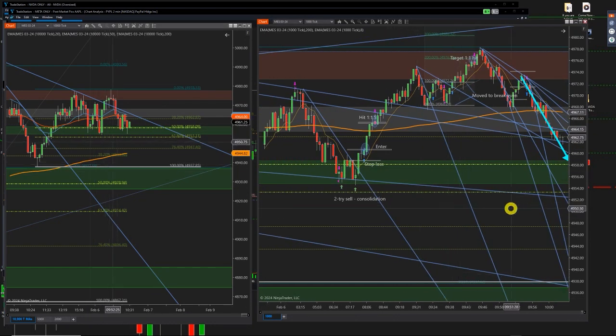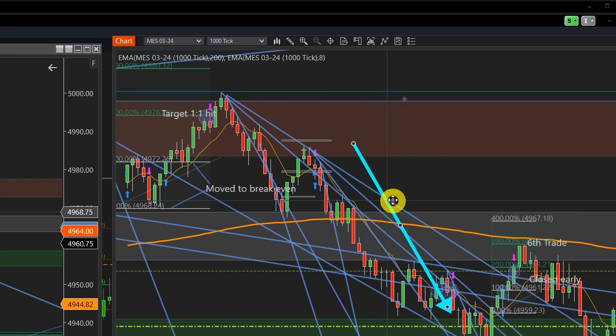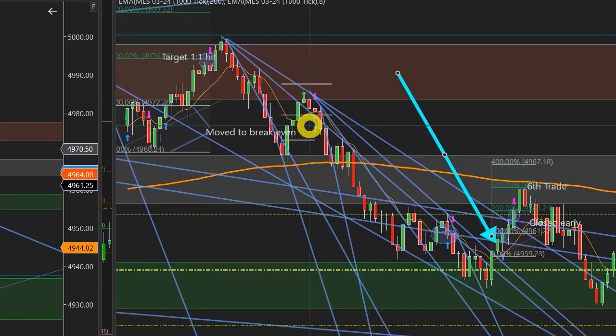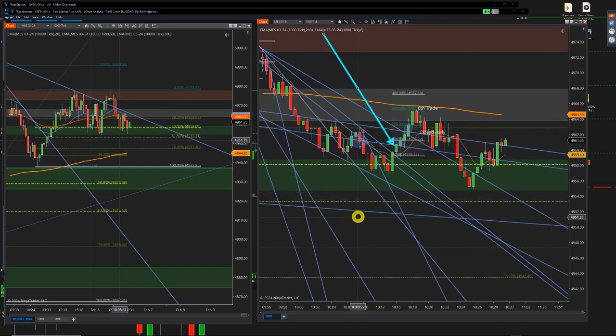Let's take a look at one of them. Right here, I had a breakout. I had a chance right here to get something, and I literally waited for this to come back down to the trend line that it was breaking out of, and I waited for a pintail to develop.